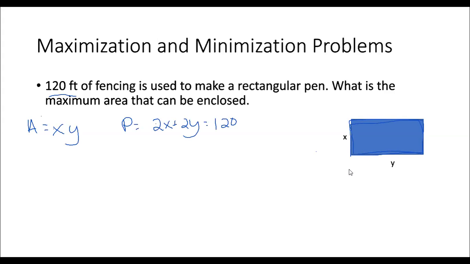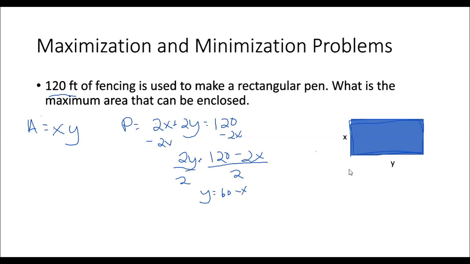Now we can go ahead and solve this for y. We subtract 2x from both sides: 2y is equal to 120 minus 2x. We can divide by 2, and we get y is equal to 60 minus x. So we have an equation here for y.